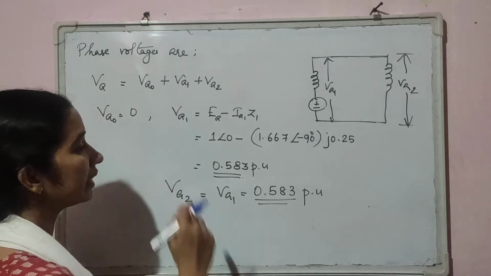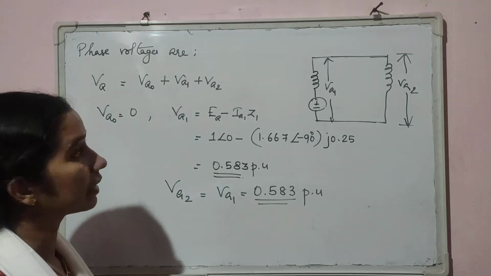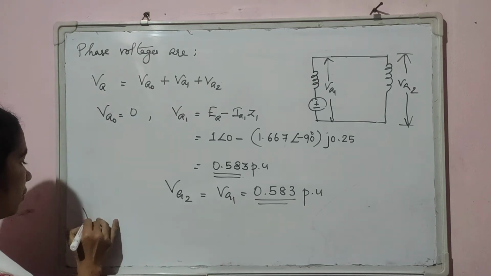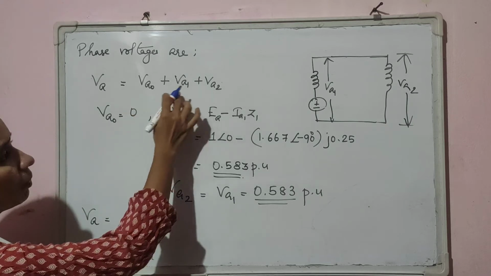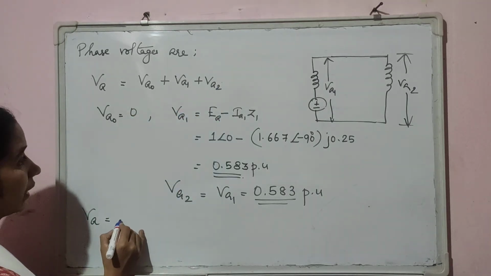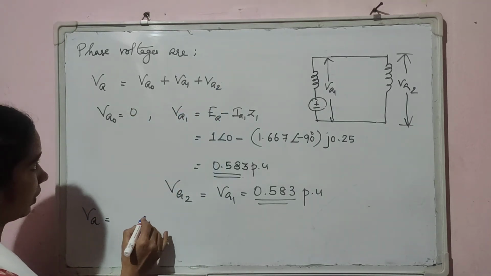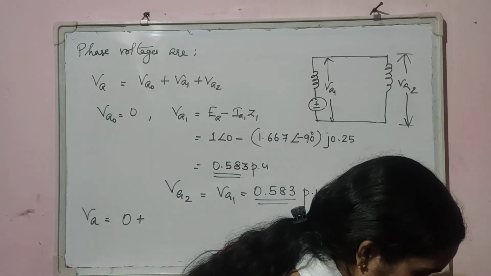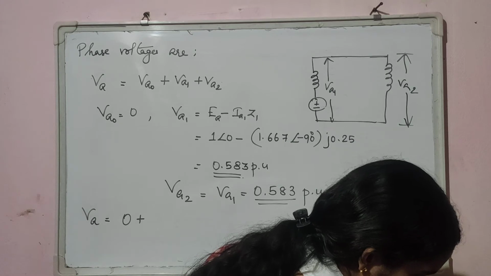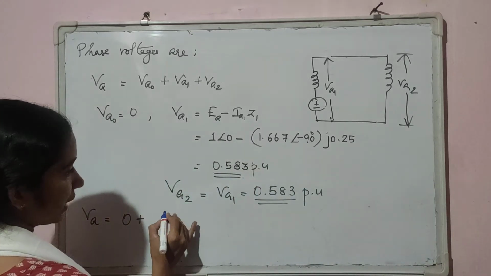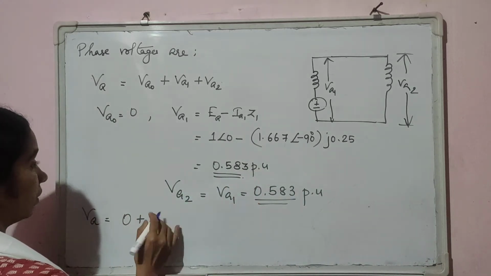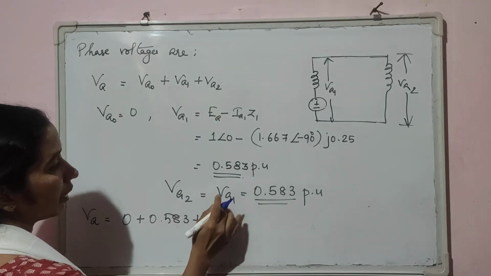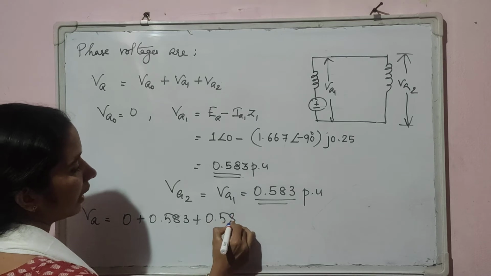Now we can calculate the phase voltages VA, VB and VC. So VA is VA0 plus VA1 plus VA2, that is, VA0 is 0 plus VA1 plus VA2. We will get the value of VA as 1.166. VA1 is 0.583 plus VA2 is also 0.583.